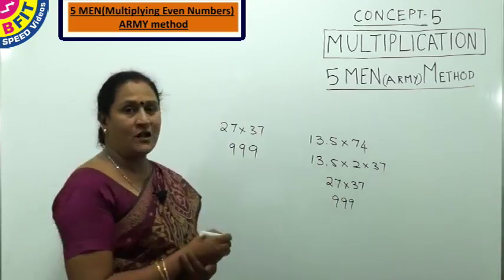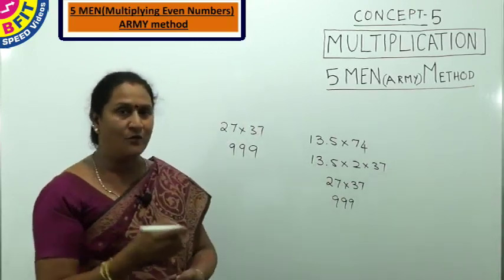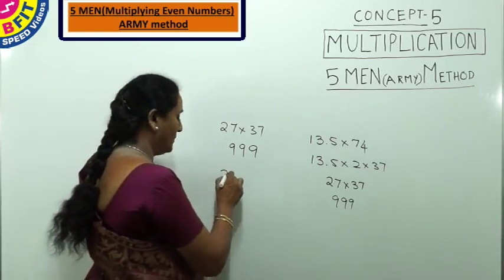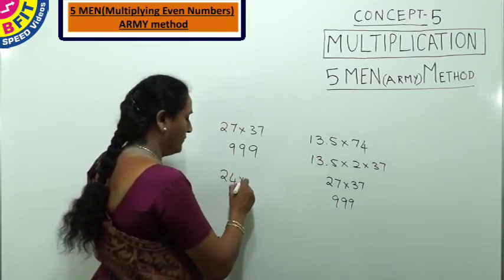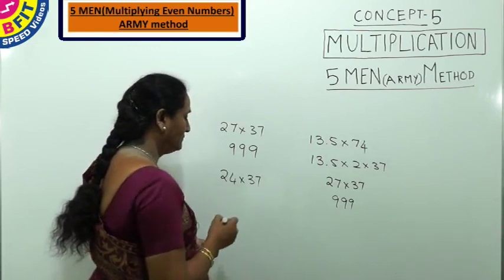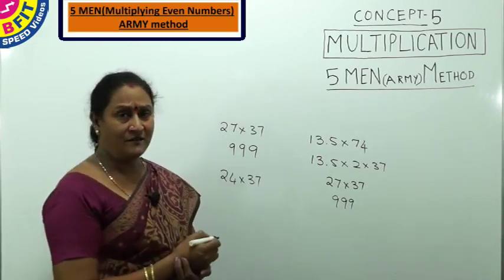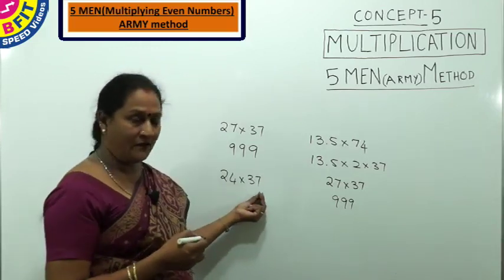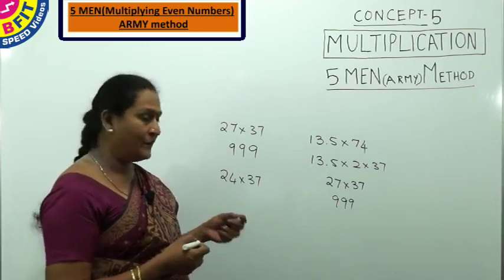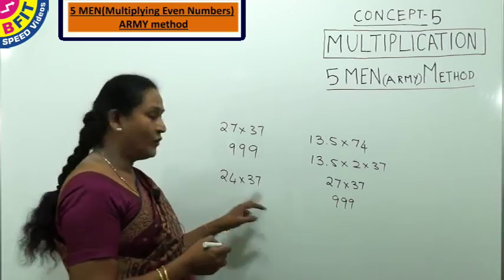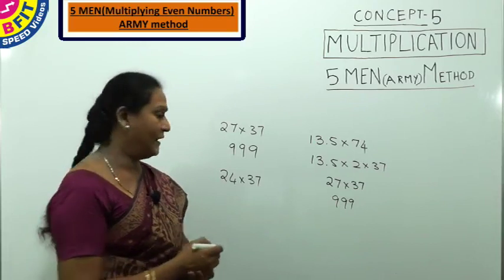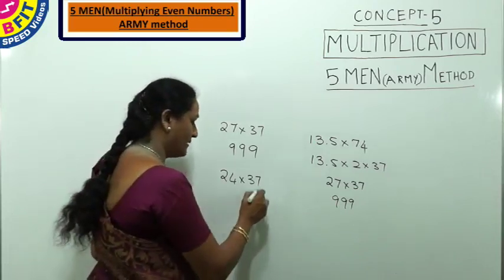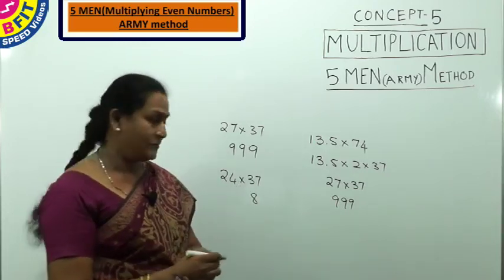To see this shortcut for some more numbers, if you are multiplying 24, what will be the answer? We are multiplying 37 with multiples of 3. What is the unit place? 4 into 7 is 28. Can you guess the answer without multiplying?